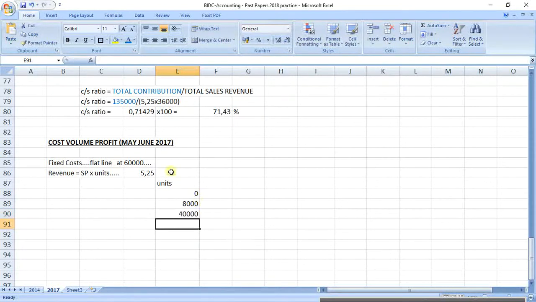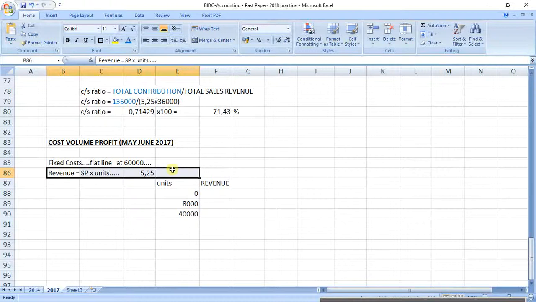Okay, right. So in terms of units, if I sell no units, how much revenue am I going to have? Units and revenue, what you'd use for your selling price line. Yes. Okay, so what am I going to use for revenue? The selling price and the number of units. I'll write this down somewhere. Okay, I wrote it: revenue equals selling price times units. These are just my workings.